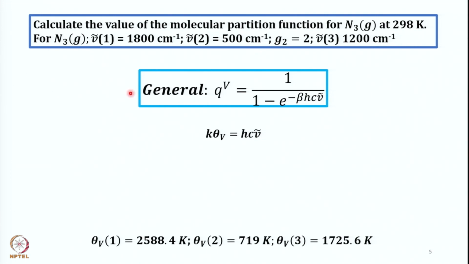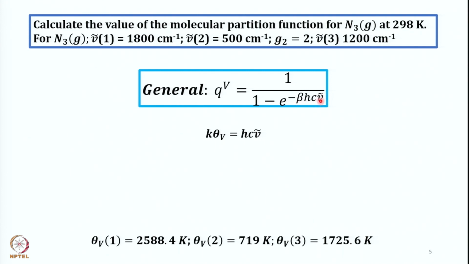This is the general expression for Q vibrational, and as I discussed in the previous example, you can substitute the value of 1 by kT into h into c into nu bar for each and get a value.